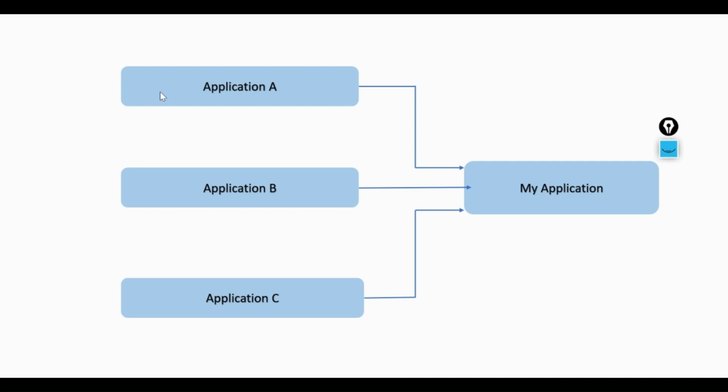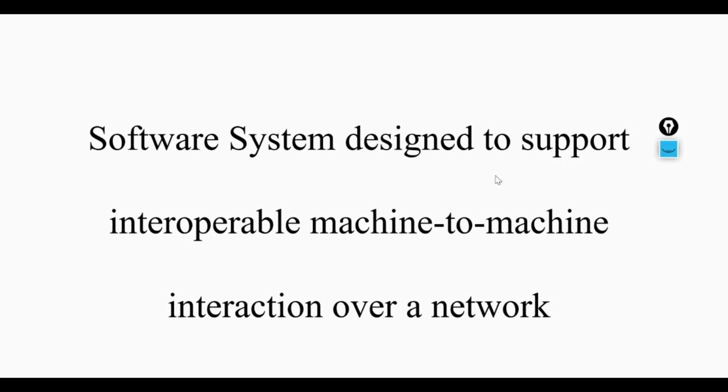Whether application A is built on Java, application B on .NET, or application C on PHP, irrespective of their technologies, they should talk to my application. Web service should be communicated over a network. For an application to be a web service, it has to be communicated over the internet.